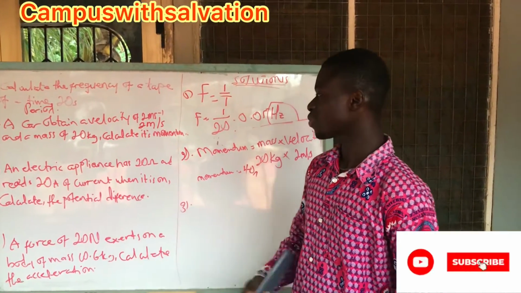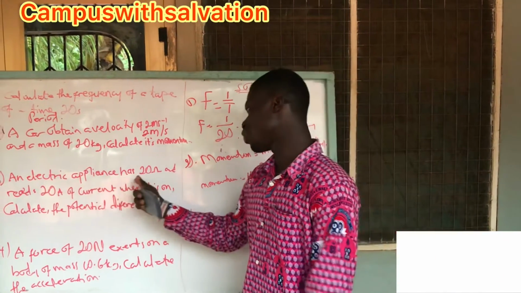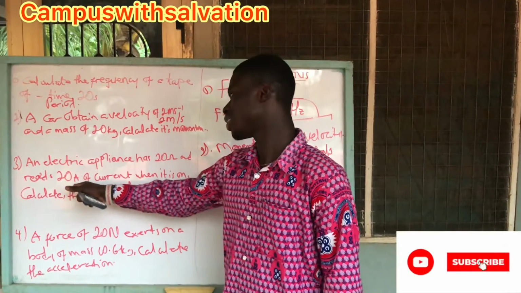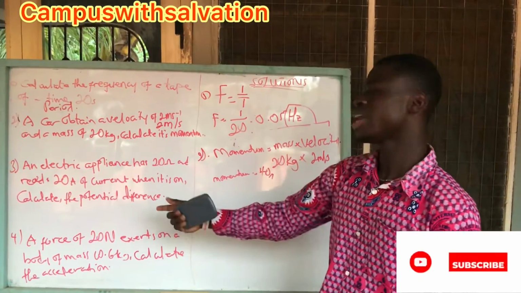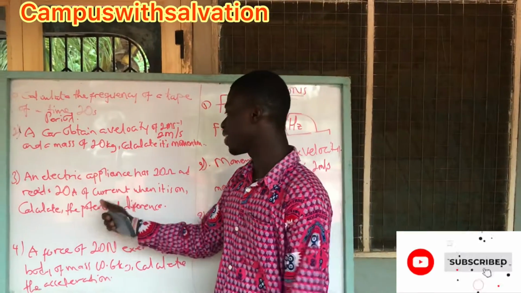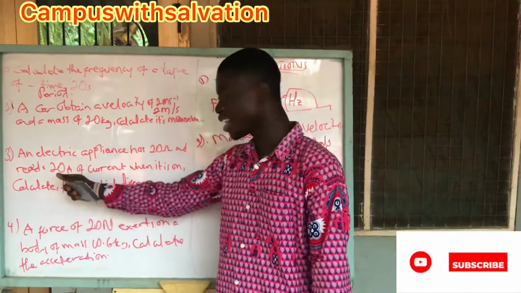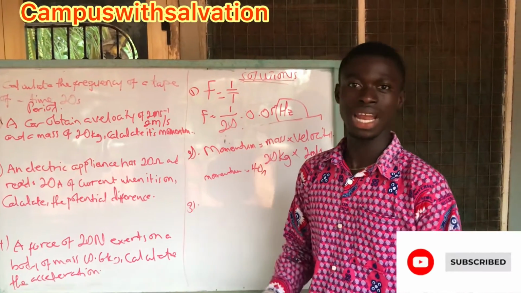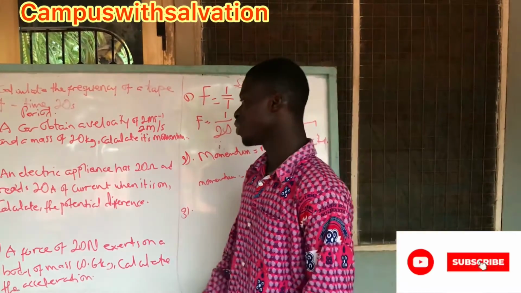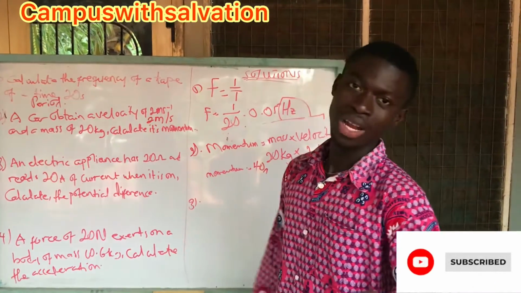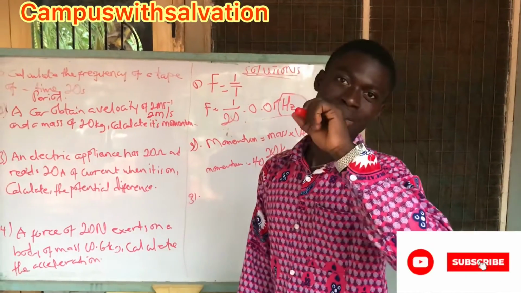So let's go. An electric appliance has 20 ohms and reads 20 ampere of current. Even here you were lucky it talks about current, but if the question didn't mention current, you need to know that ampere is talking about current because current is measured in ampere. So let's continue. When it is on, calculate the potential difference. And also let me remind you, potential difference is the same as voltage.